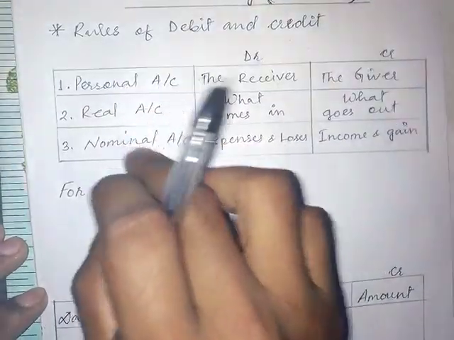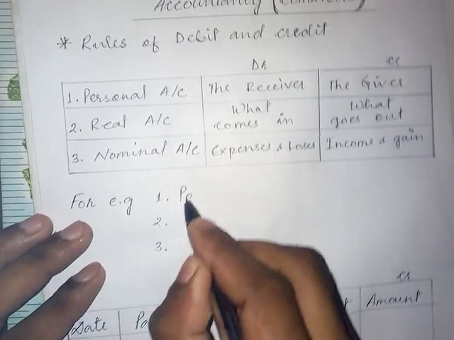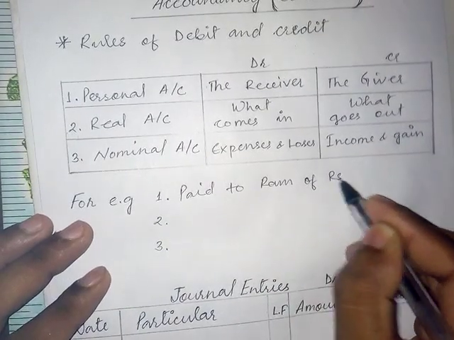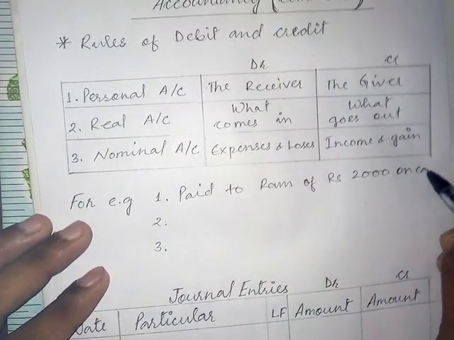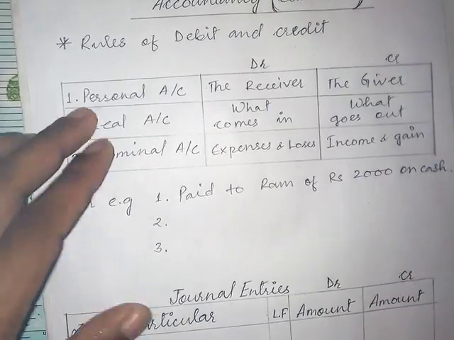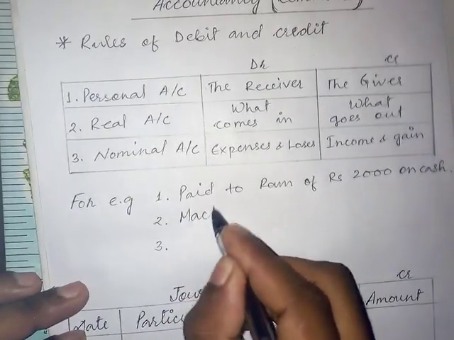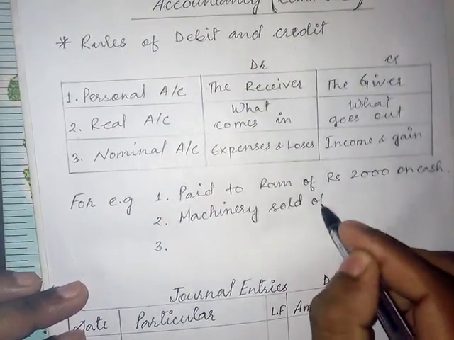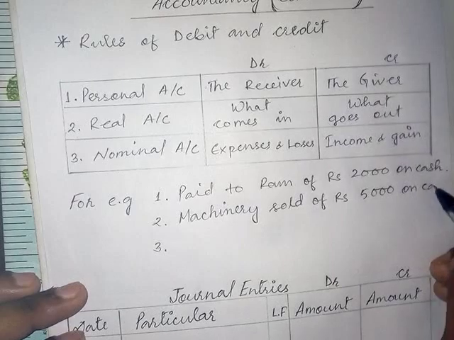Let's take an example and try to understand with the help of the example. Take an example of a personal account: paid to Ram rupees 2000 on cash. Now the example of a real account: machinery sold of rupees 5000 on cash.